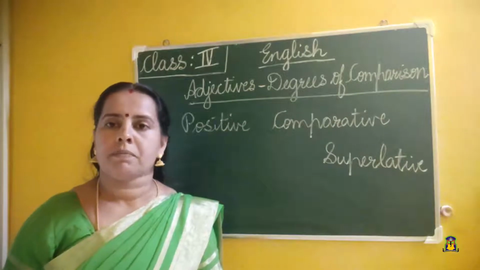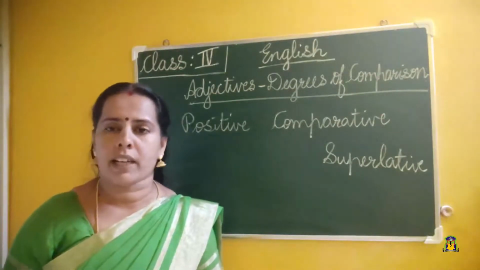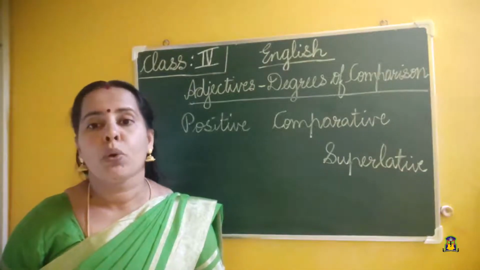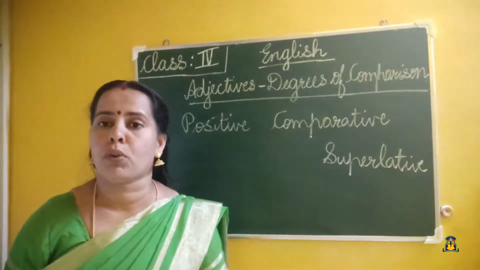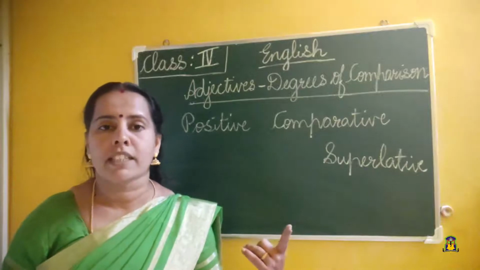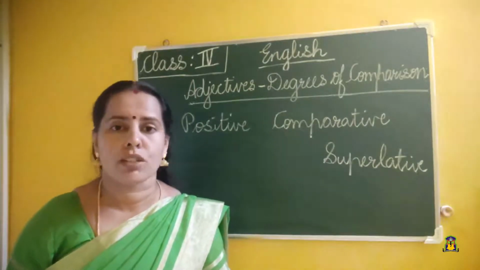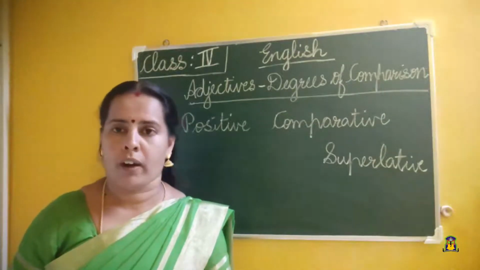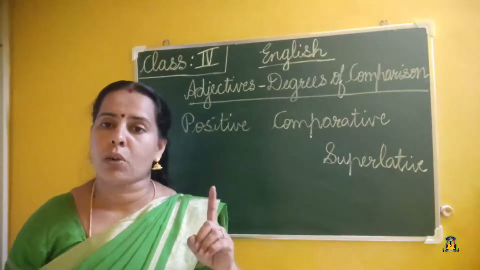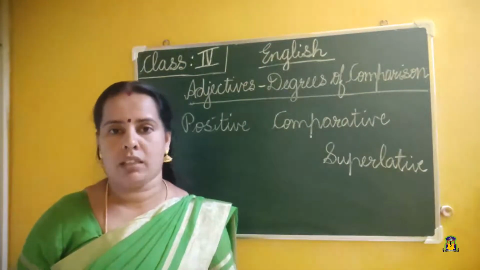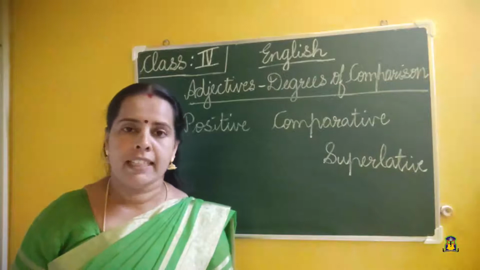Okay, children. So, this is what we studied last class. Now, I told there are some rules. We follow some rules to form comparative and superlative degrees. There are 6 rules. We'll study one by one. Okay. So, the first rule we already told, we add ER to form comparative degree.